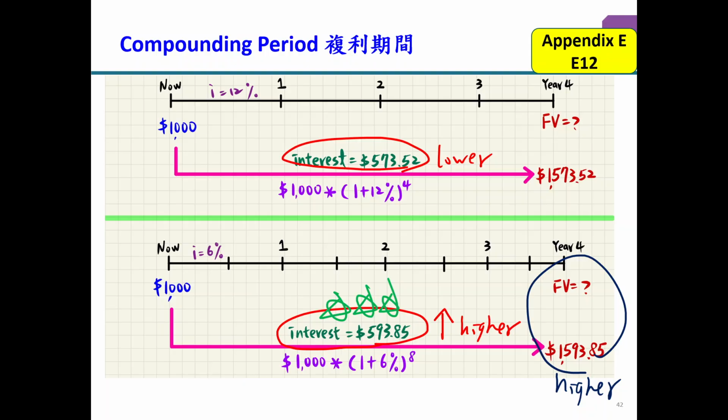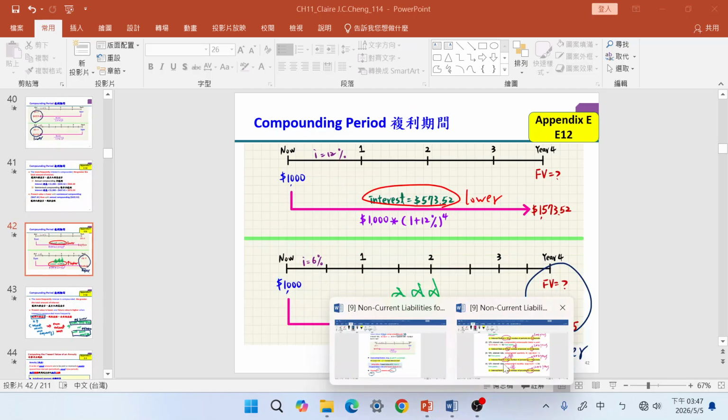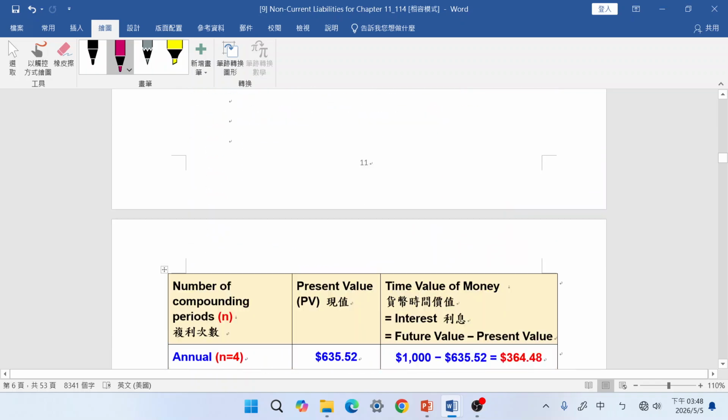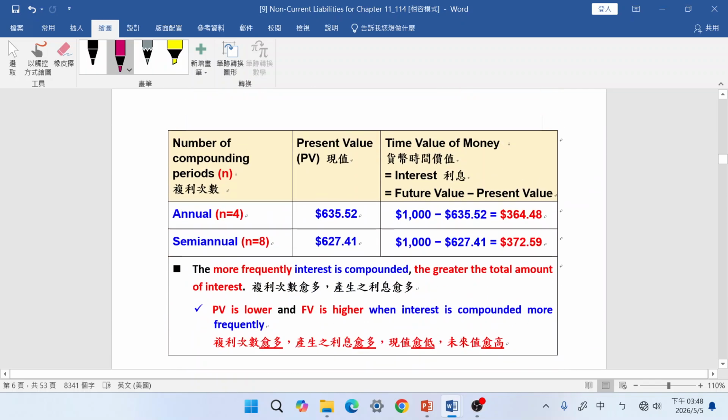Okay. So for your page 12, I show you the answer. You can look at the answer right here. Here I just want to show you that when you earn higher, you will earn more interest.